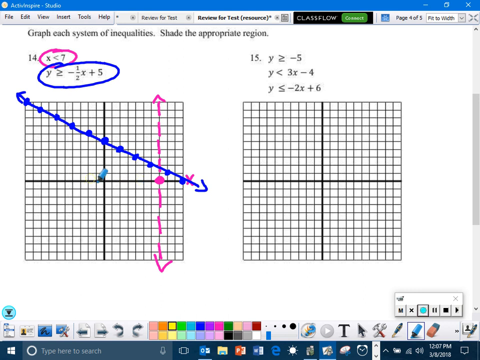Now we need to look at the blue line. The blue line, it says y is bigger than, or greater than this. So that means above it. So I'm going to shade to the left of the pink and above the blue. So that means I'm right here to the left of the pink and above the blue. So that's the area that we should shade it.